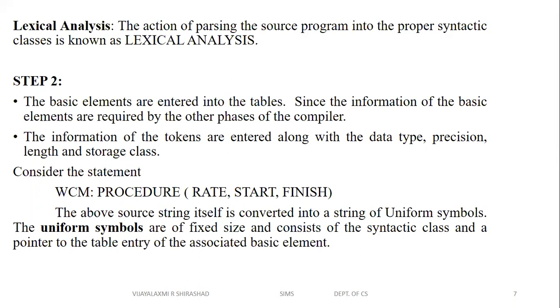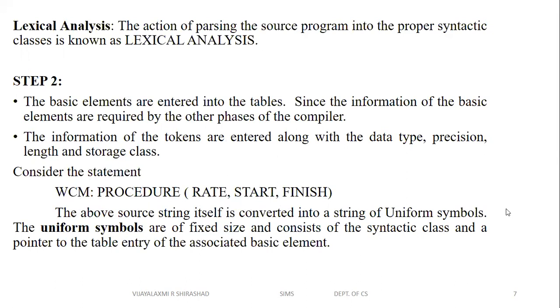For example, consider one statement, WCM procedure, rate, start, finish, which is a procedure with three variables, and WCM is the procedure name. What it indicates is that the above source string is converted into a string of uniform symbols.